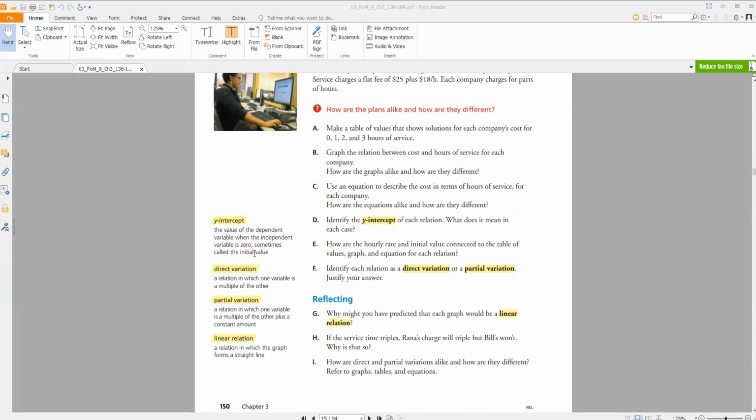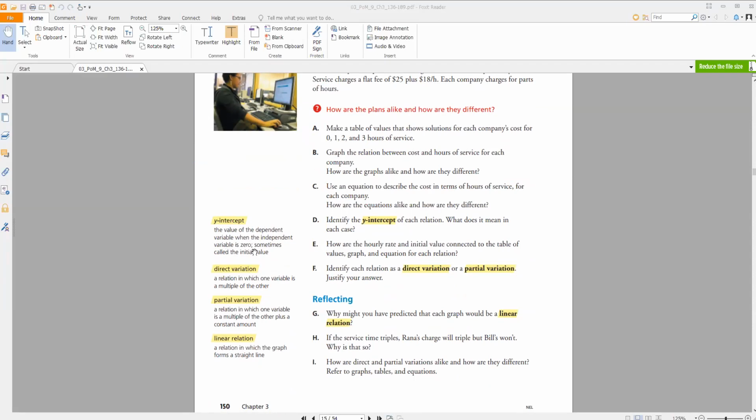I've been talking about a service fee or a fixed fee, maybe a service call to the person's house. So when the independent variable is 0, so in this case, when the number of hours is 0, the y-intercept is the amount that's being charged by the different computer repair services.